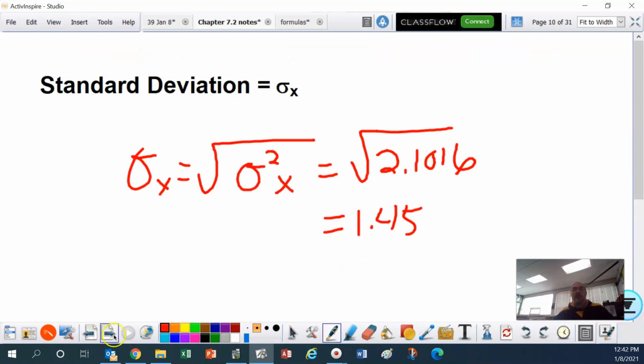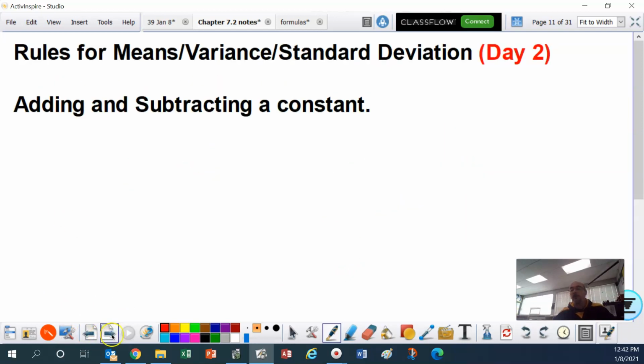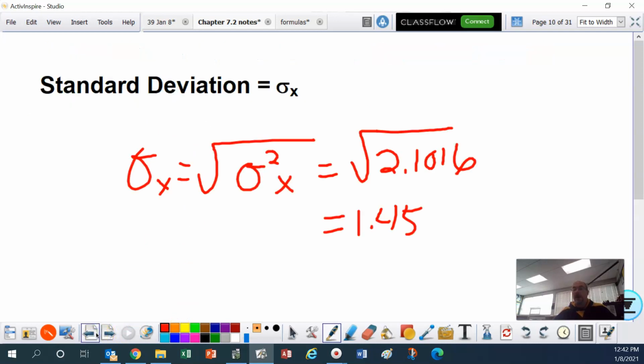In the next video, we will talk about the rules for means, variances, and standard deviation. So there are some rules that go along with that. Hopefully all of that was pretty easy. It's pretty straightforward. It's doing some real math finally with calculations and using probability. All right, folks, good luck. I will see you soon.